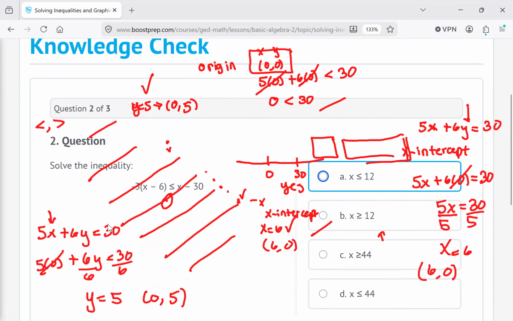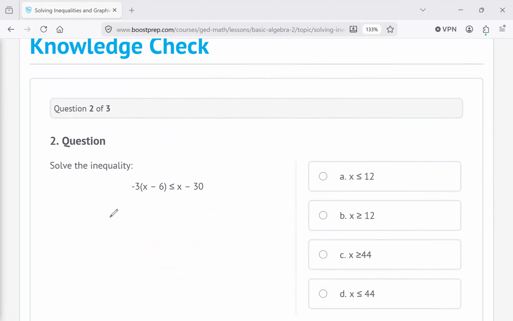Okay, let's move on to question 2. Question 2 says solve the inequality, and the good news is we do not have to graph it. Oh yeah, one more key important note. Go ahead and write this in your notes. When you're dealing with inequalities, this is also very important.